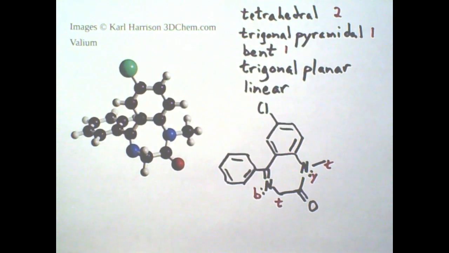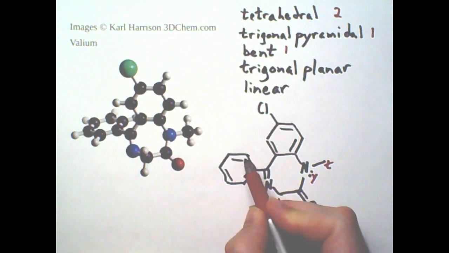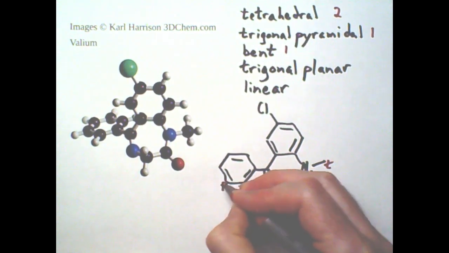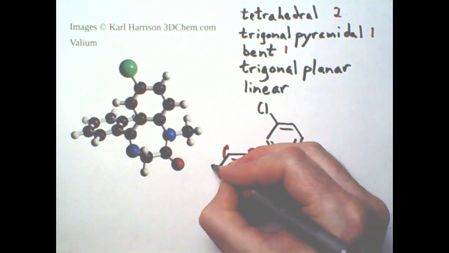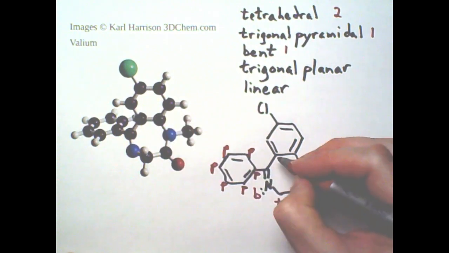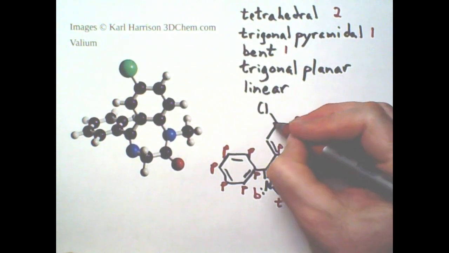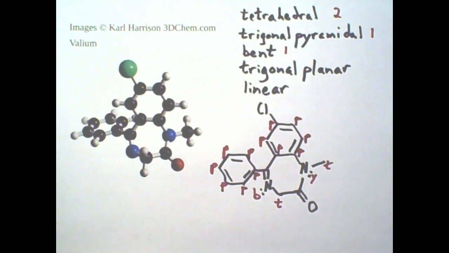Trigonal planar, we saw that a lot with anything that had a double bond. So every one of these carbons has a double bond and something else attached out. These are all, we're doing P for planar. You may have noticed by now that aromatic rings are flat, very flat. Now the chlorine, we don't talk about its shape since it's out on the end.